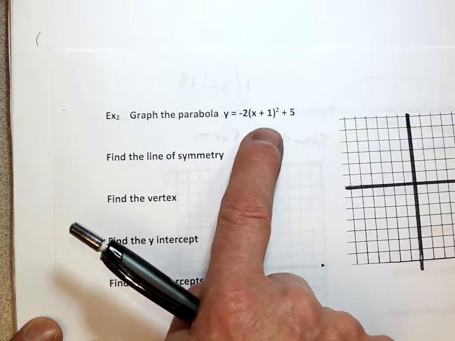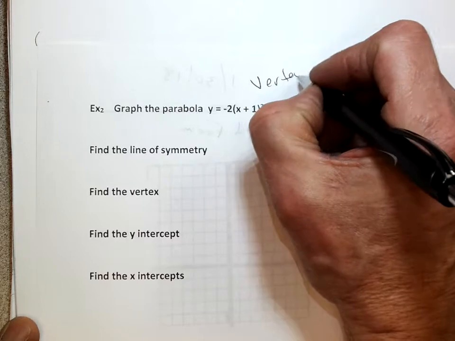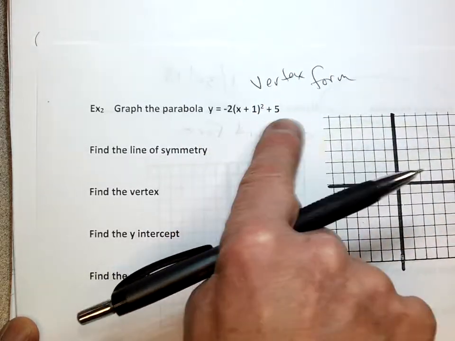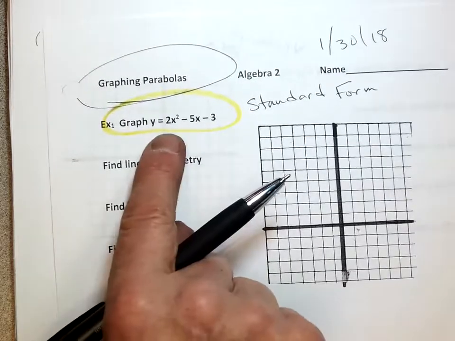It's the other form, isn't it? This one's vertex form, okay? Do you see the difference? Vertex form, because of the parentheses, quantity squared. And flip it back over, standard form, right?